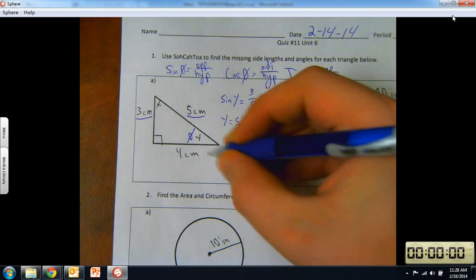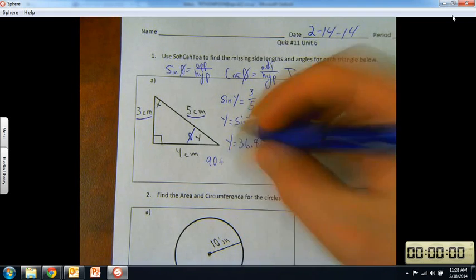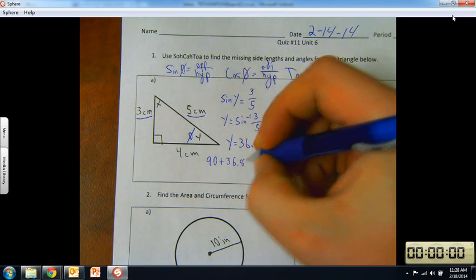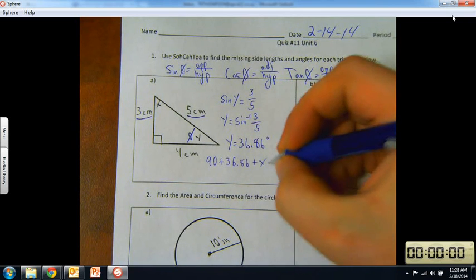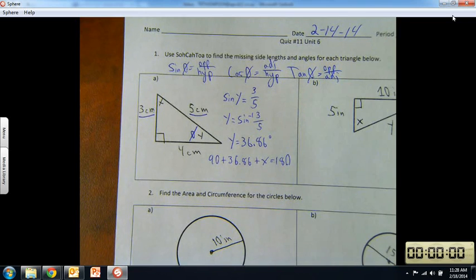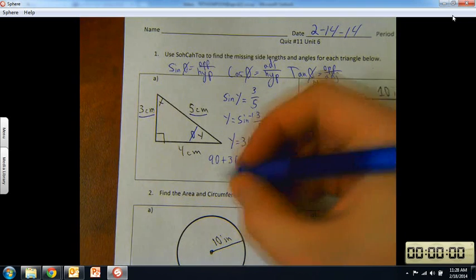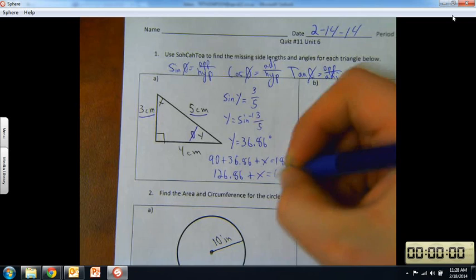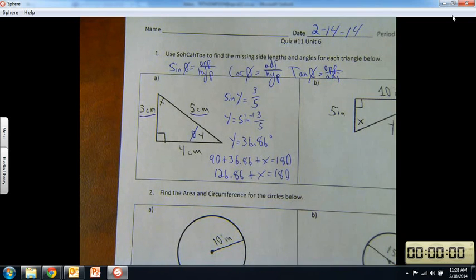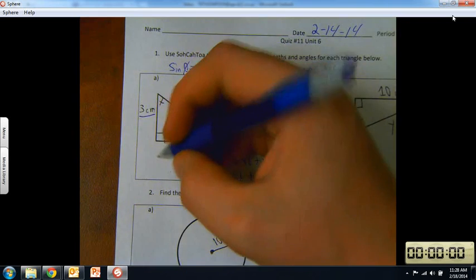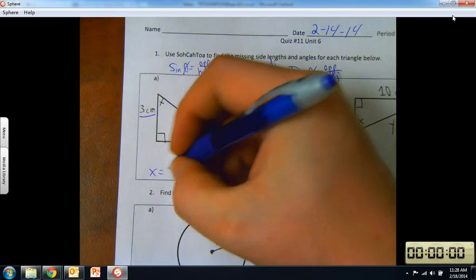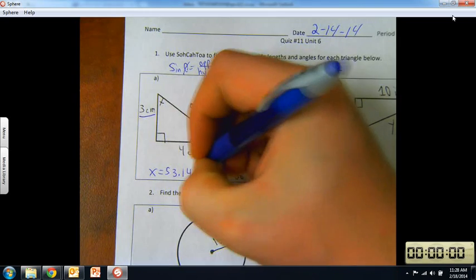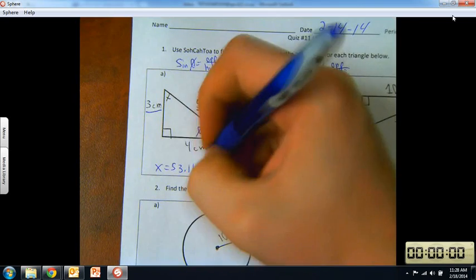So we have a 90 plus 36.86 plus x equals 180. 90 plus 36.86 is 126.86 plus x equals 180. 180 minus 126.86 is 53.14. So x equals 53.14 degrees. Have my x, have my y.